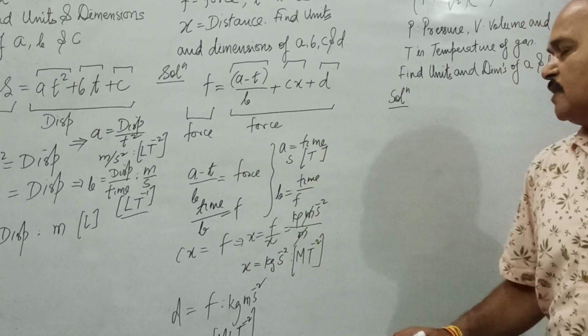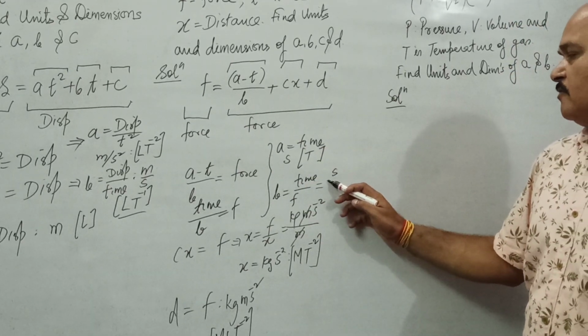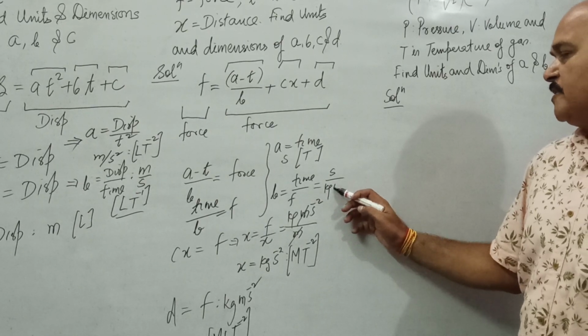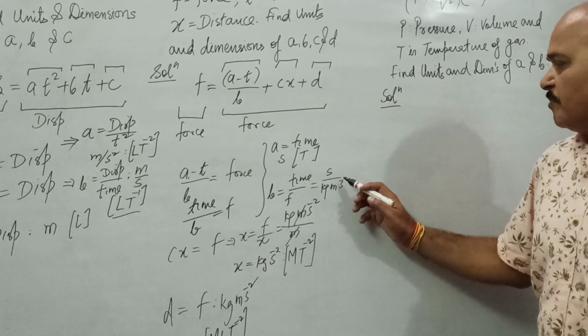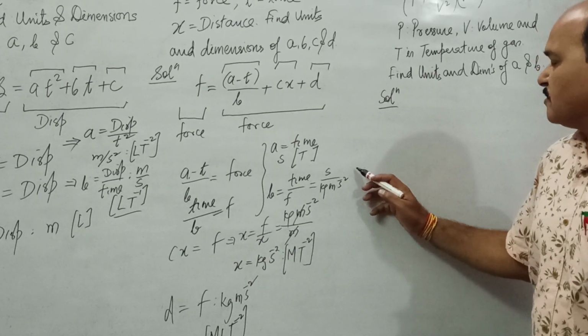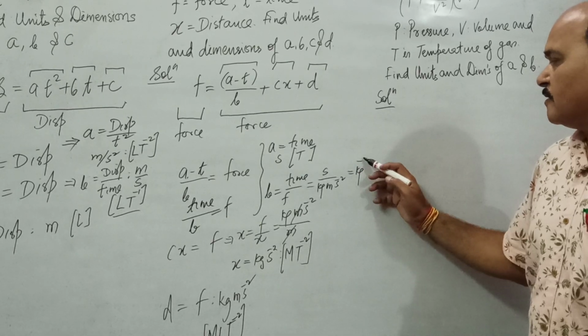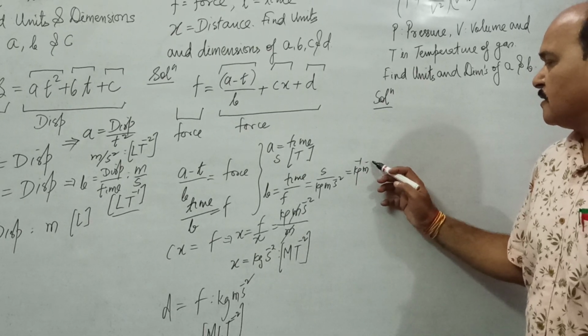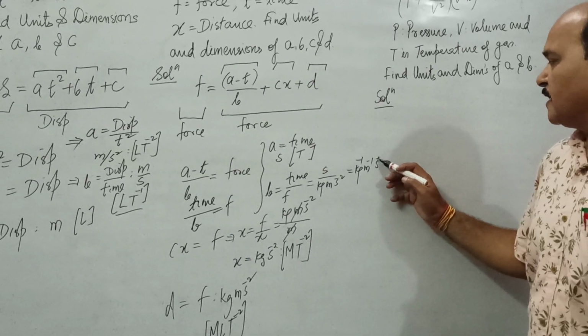Now you can find out the dimensional formula of B also. What is time? Time is second, and unit of force is what? Kilogram meter per second square. That means unit of B is going to be per kilogram per meter, second to the power 3.